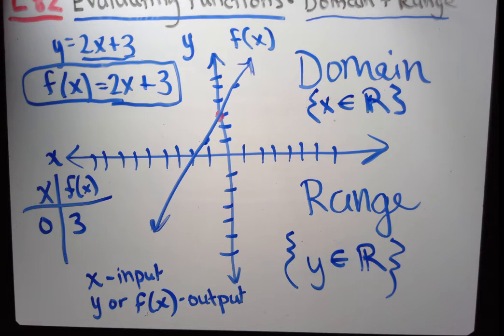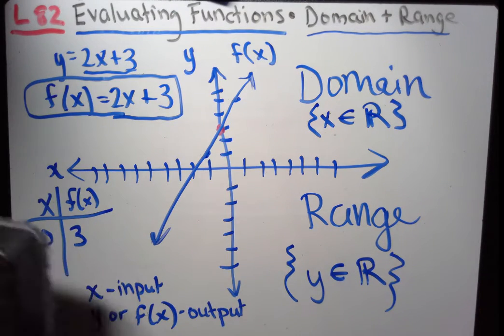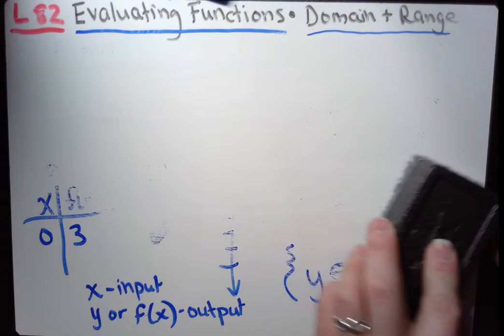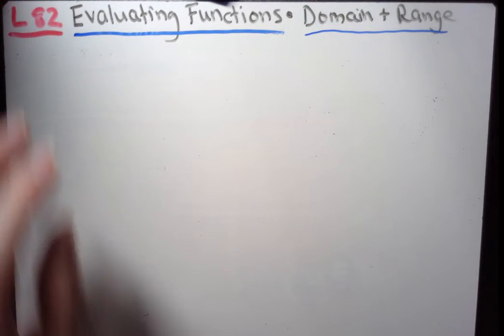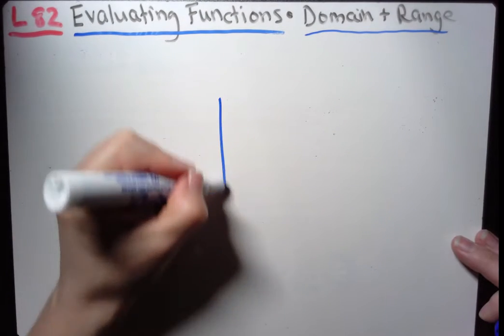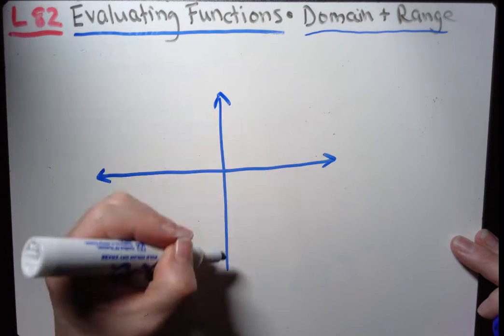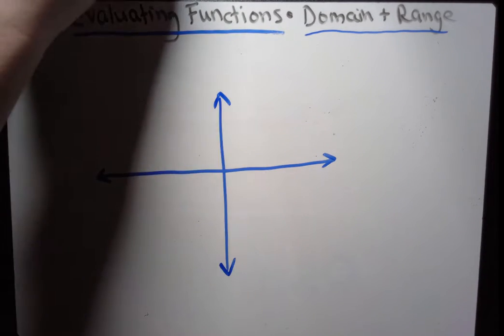Now, not all functions are going to look like this. They're not always going to be lines, and they're not always going to be all real numbers. So let's look at an example of a function that's not all real numbers. Sometimes functions can stop, right? They can stop at certain points.